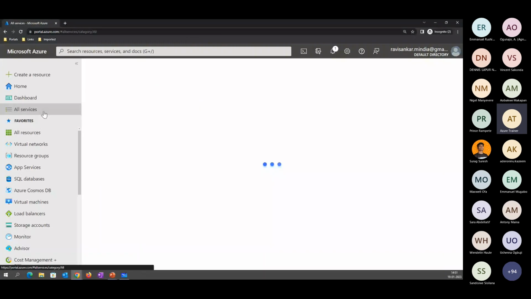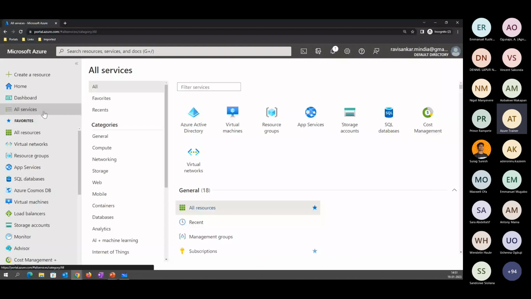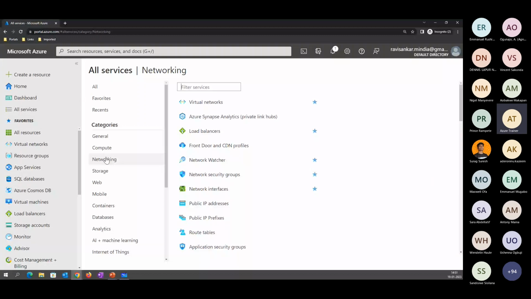The moment you click on all services, on the right side this will list all the services Microsoft currently offers. Now, the moment you click on the networking section here, this will display all the services you can host or configure in the network category.